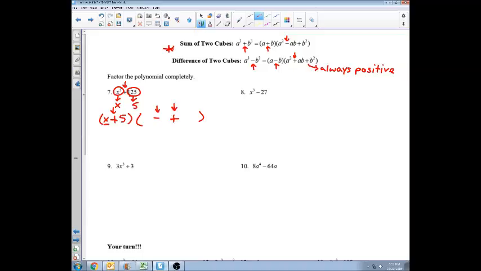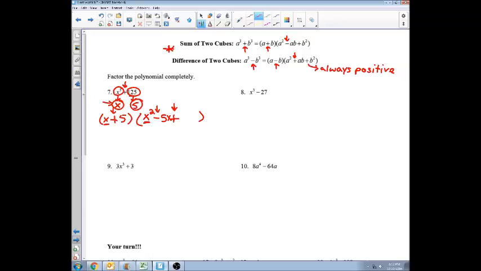For my first blank in my second set of parentheses, it will be a squared. Well, a is x. So I have x squared. The second blank is a times b. Well, a again was x, b was 5. So it would be 5x. Guys, you don't have to draw all these arrows or all these circles. I'm just trying to draw your attention to what I'm talking about, okay?